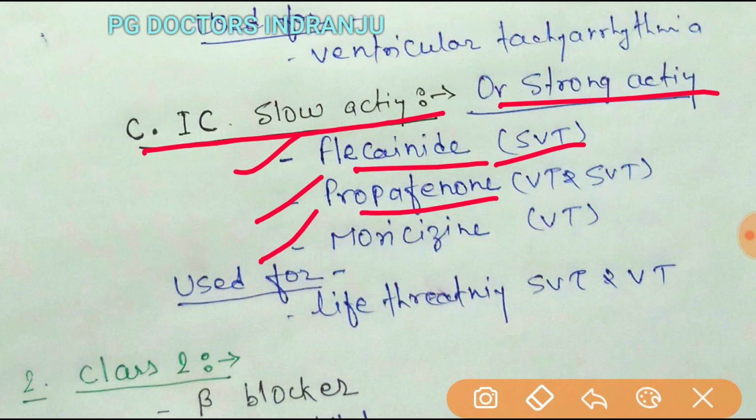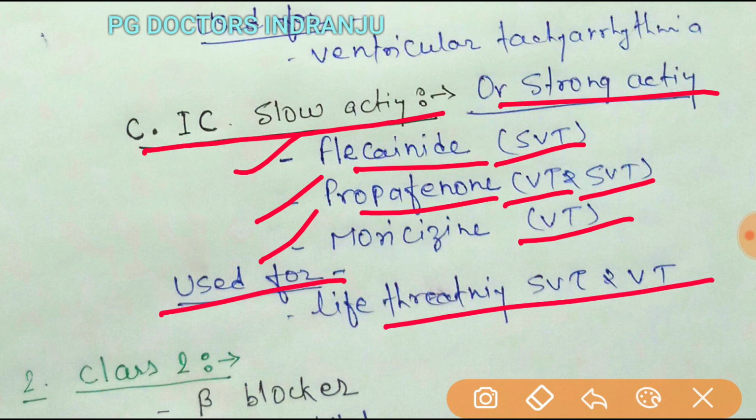Propafenone is used for ventricular tachyarrhythmia and supraventricular tachyarrhythmia, while moricizine is used for ventricular tachyarrhythmia. This is used for life-threatening supraventricular tachyarrhythmia and ventricular tachyarrhythmia.